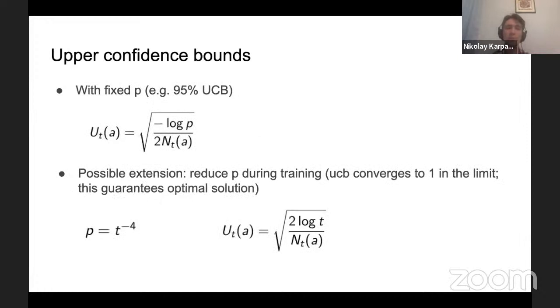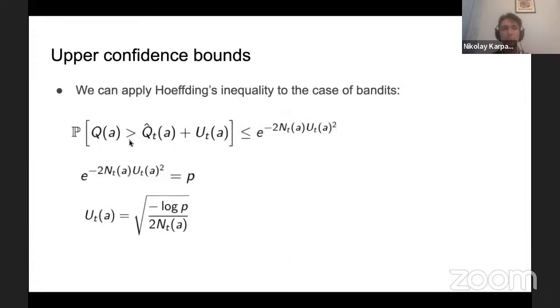So knowing this concept, knowing how to estimate upper confidence bounds, we can compute upper confidence bounds for each action and compare them with each other. So the most optimistically promising action would be the one which has the greatest upper confidence bound of the true expectation, the true Q-value here.